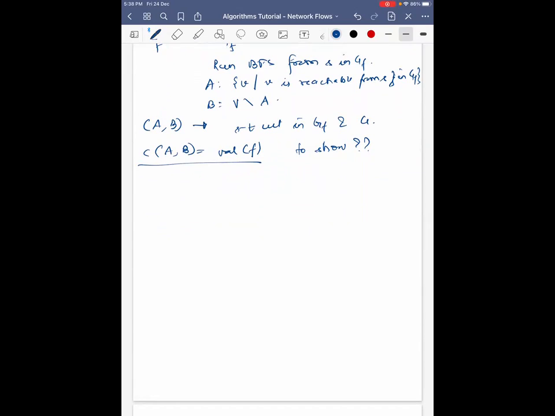So consider an edge UV. The capacity of (A, B) we're looking at in the original graph, not in the residual. Yes, in the original graph.